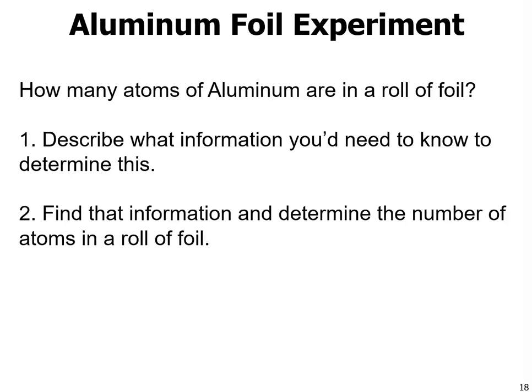We may have to have a conversation about what information you need and how to find it. But I want you to start to think about what information you would need in order to determine this, and collect as much as you can. If you can't figure this out, determine as much as you can, and then we'll have a conversation about how this would be solved.